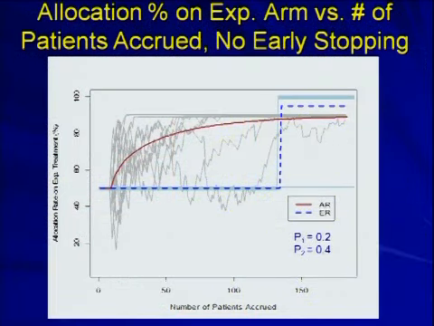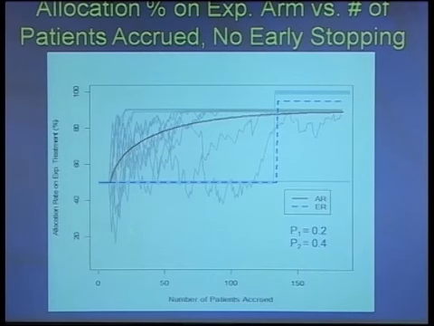And this is the slide. What I show you is the probability allocated to the experimental arm over the number of patients accrued. For equal randomization, you put everybody in with equal randomization, so with 50% probability to the experimental arm. After that, there are more trials where you put them into the better arm rather than the worse arm.